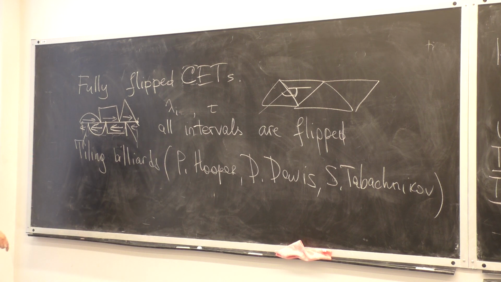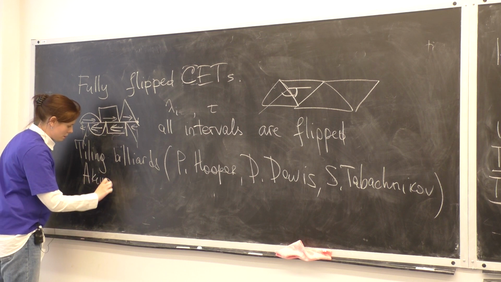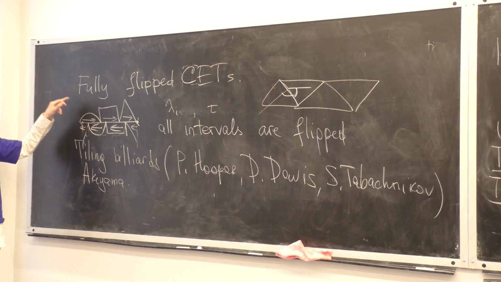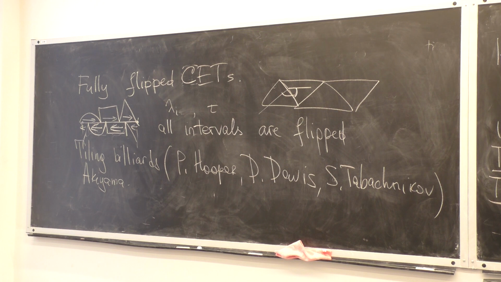And it was an observation that was made by Akiyama that fully flipped interval exchange transformations on a circle are exactly responsible for the dynamics of these tiling billiards. He did it for the triangles, but you can also generalize his approach for the squares as well.